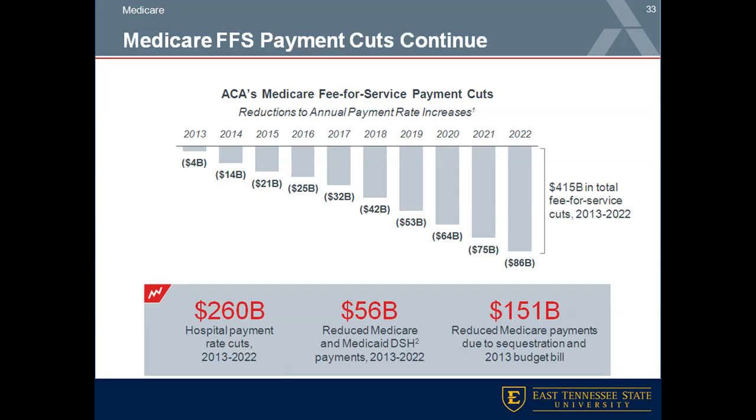In 2013, we saw a very small start here. But by 2022, we're expecting a $415 billion cut in fee-for-service, moving more towards value-based purchasing, focusing more on quality indicators and patient outcomes.